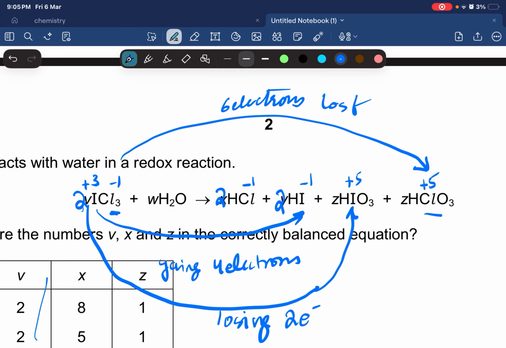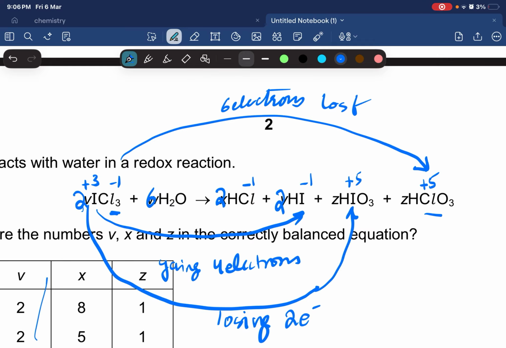Now how do I balance my oxygens? I have 3 plus 3, 6 oxygens on this side, and so I add a 6 here. And then I have 12 hydrogens. So that's 1, 2, 3, 4, 5, 6.